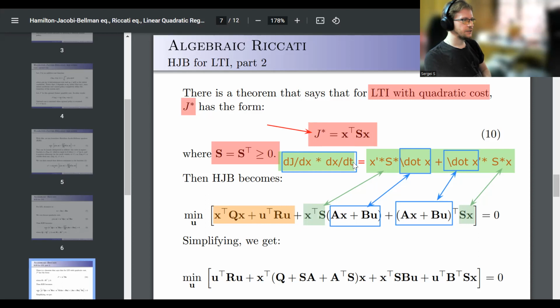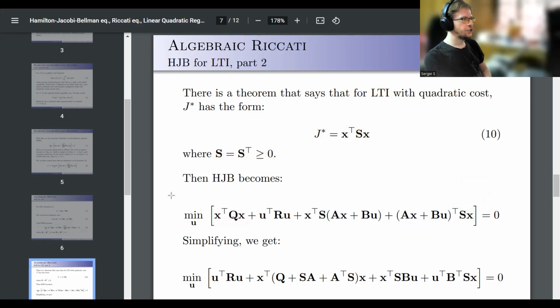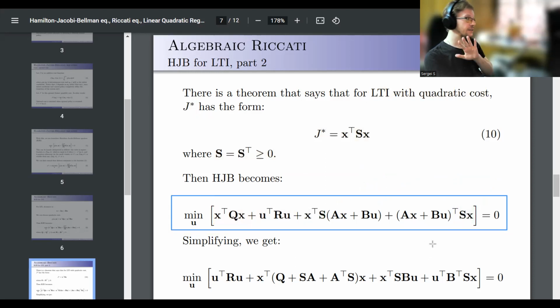Let me clear all of this. We have now our HJB in this form, and the rest is just algebra. So let us do the algebra. First of all, we open these brackets. And what we can do is, for example, collect the quadratic term in u. We can collect quadratic terms in x.